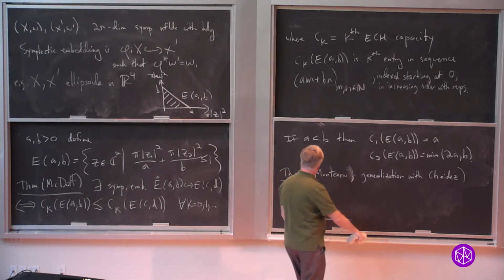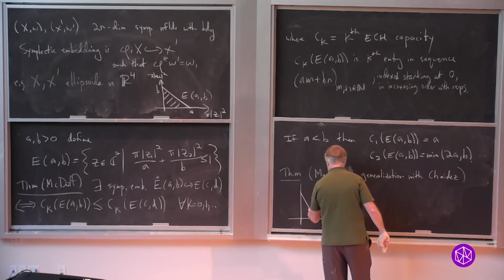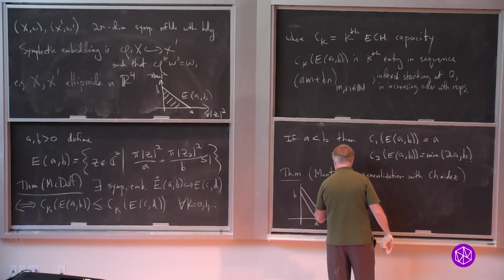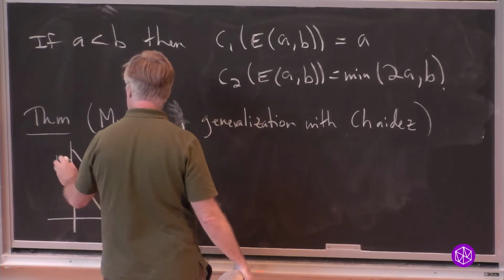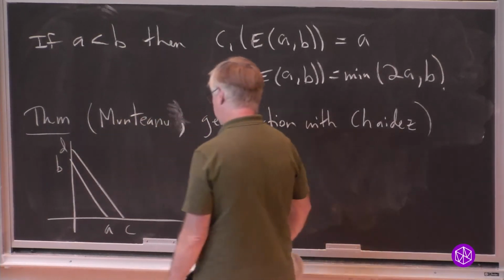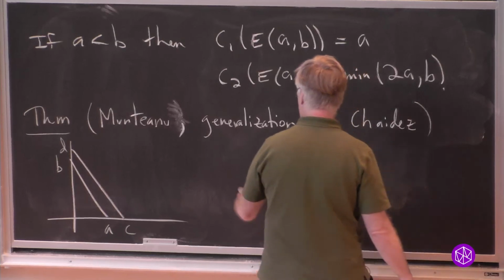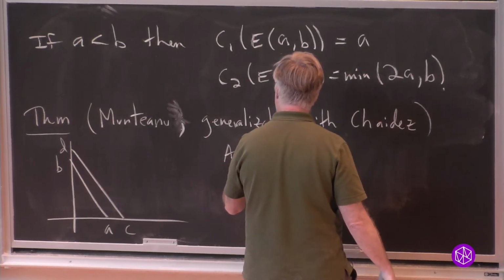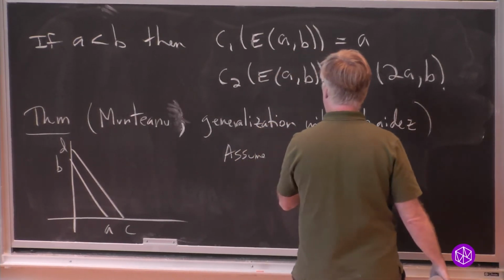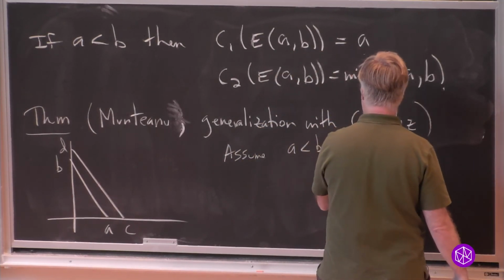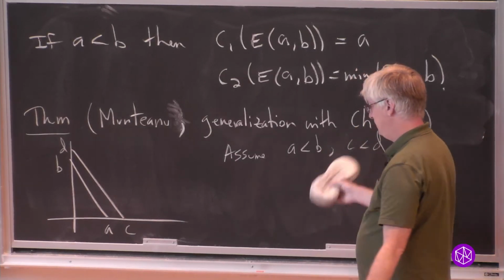Anyhow, we have an ellipsoid E(A,B) and another ellipsoid E(C,D). I assume that A is less than B and C is less than D, which is just convention.